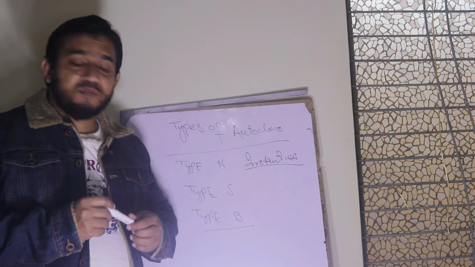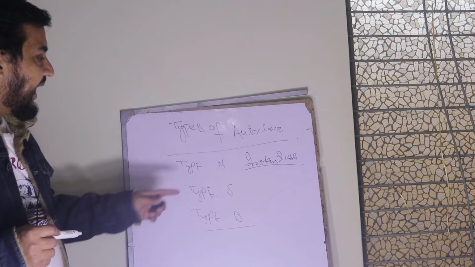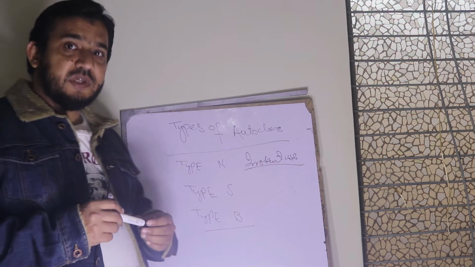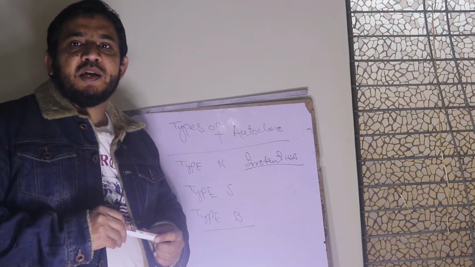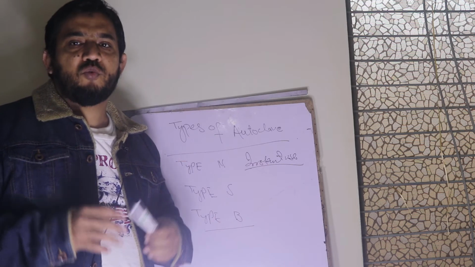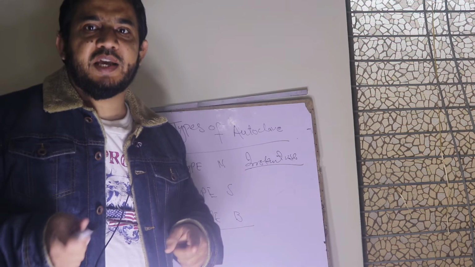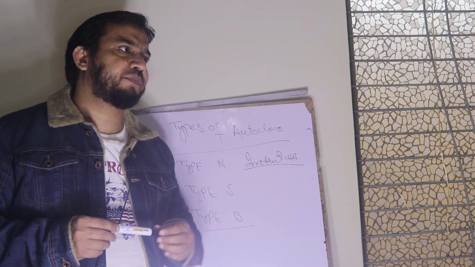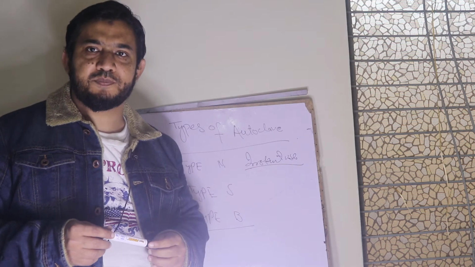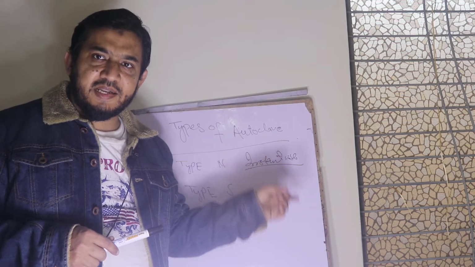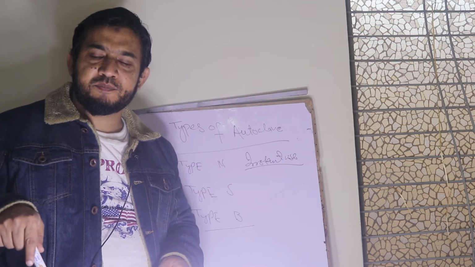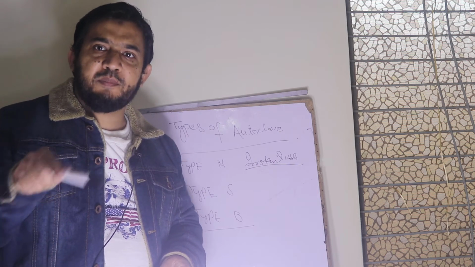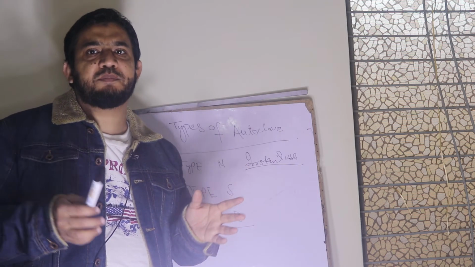Then comes the S class. In S class autoclaves, there are two chambers: one chamber with steam, and the other chamber in which you place the instruments. In N class, the steam and the instruments were placed in the same chamber.